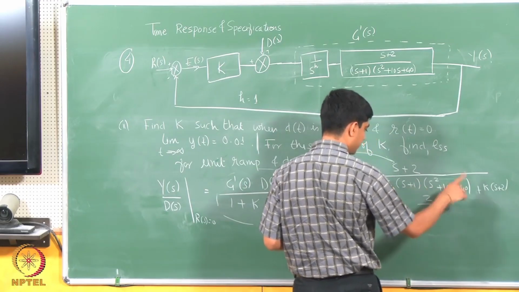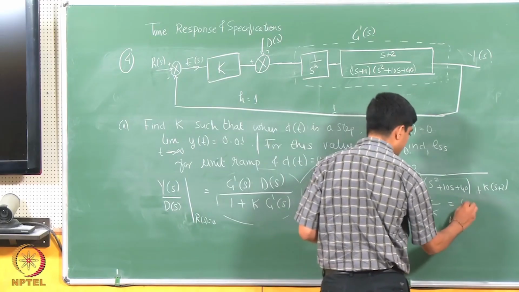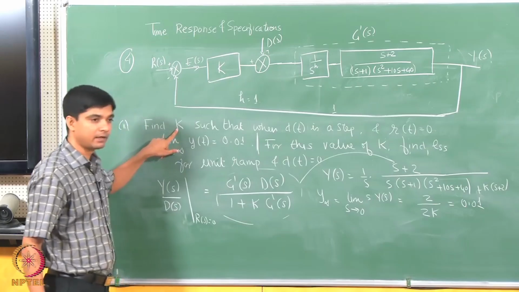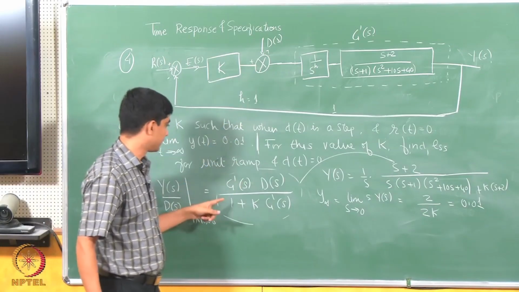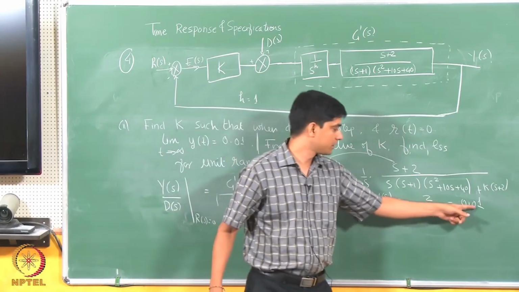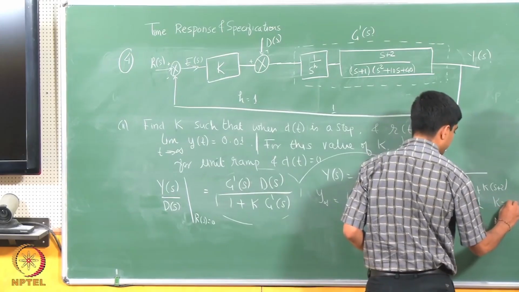So, 2 and everything else will disappear, and this y at infinity should be equal to 0.01. The question was to find a gain k which for d being a unit step results in a steady state y of 0.01. So, I just solve this and I get that the value of k is 100.